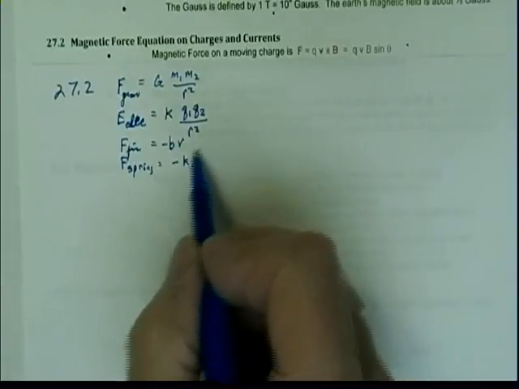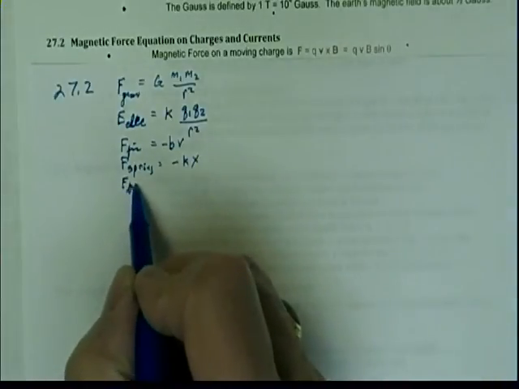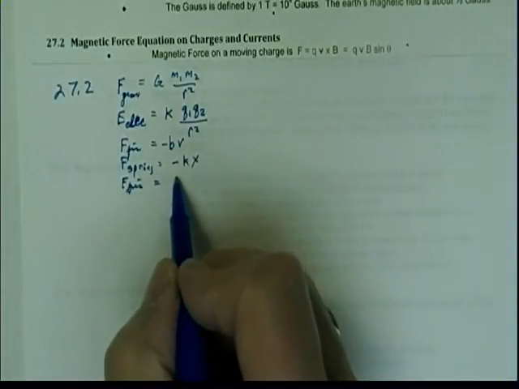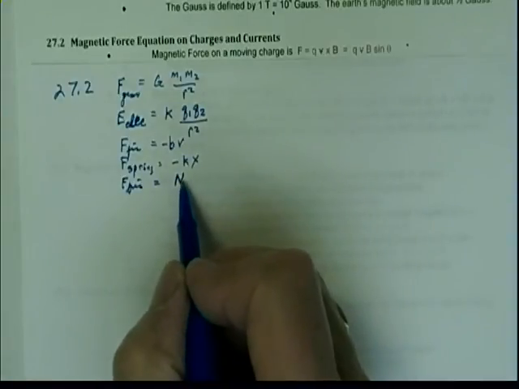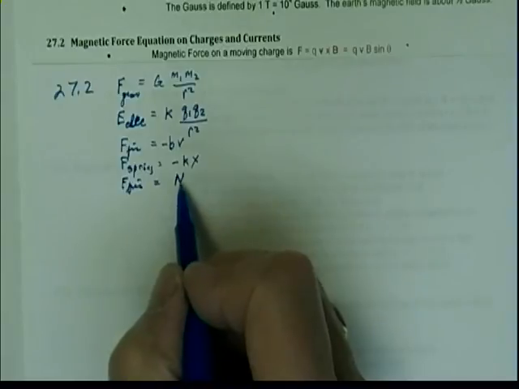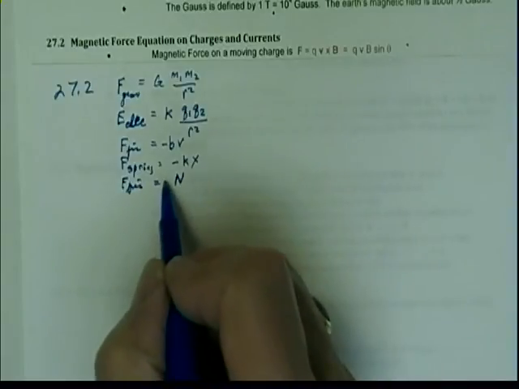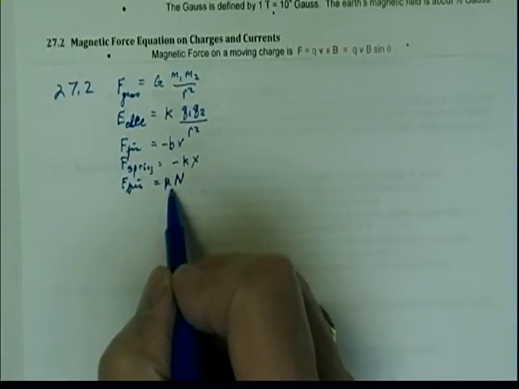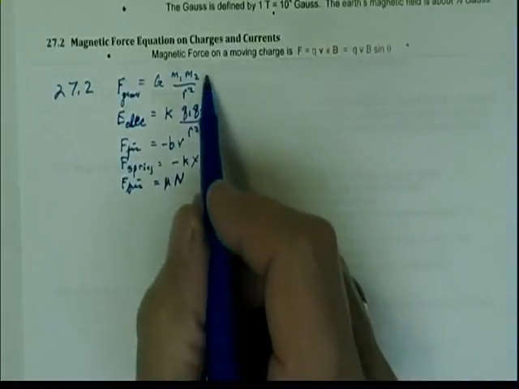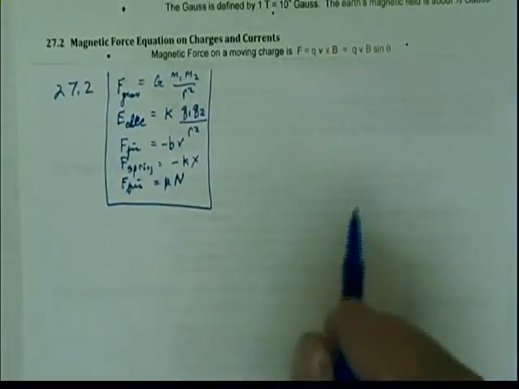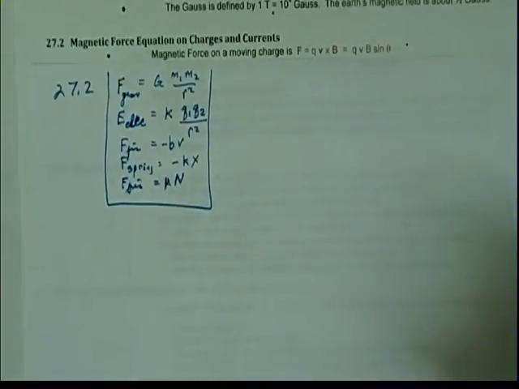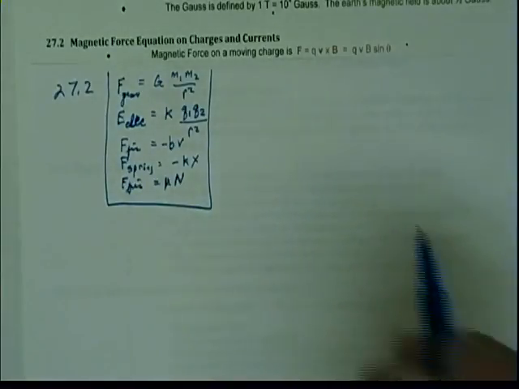You can also look at a frictional force, that's the normal force that pushes in a perpendicular direction times some constant mu called the coefficient of friction. So these are the equations we've had so far that give us our forces. Of course, force gives our mass times acceleration or change in momentum.